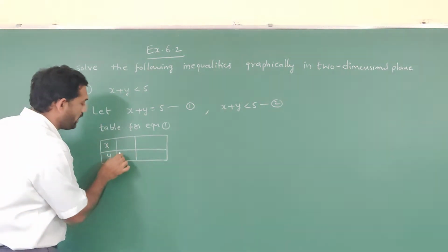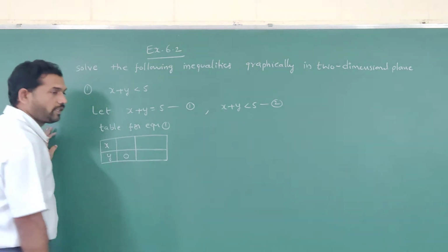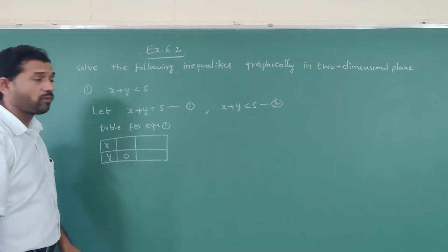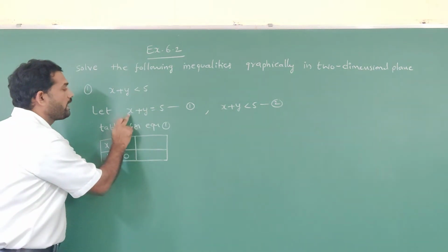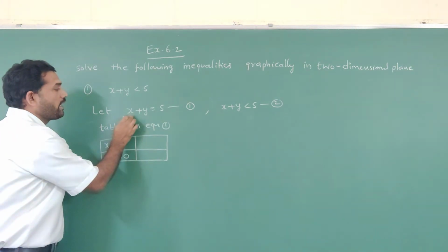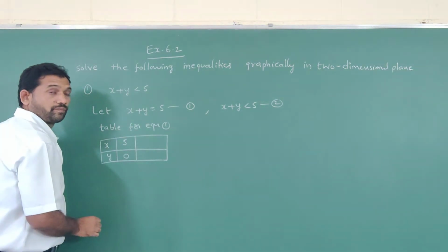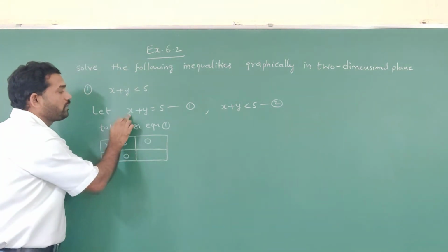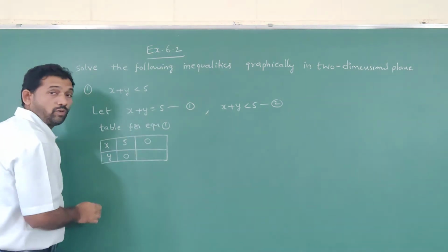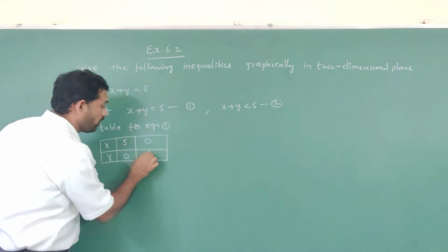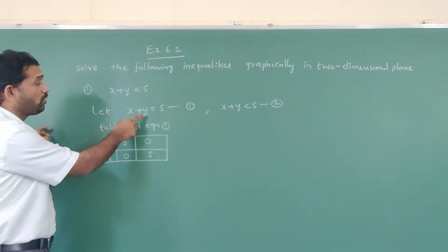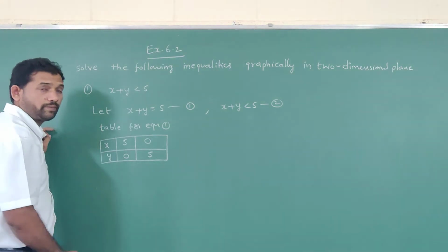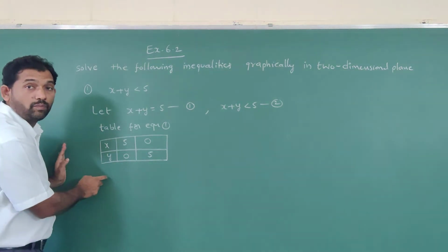First, take y value 0. Substituting y equal to 0 in equation number 1: x plus 0 is equal to 5, so x is equal to 5. Next, take x equal to 0: 0 plus y is equal to 5, so y is equal to 5. So x equal to 0 gives the y value, and y equal to 0 gives the x value. So this table is completed.